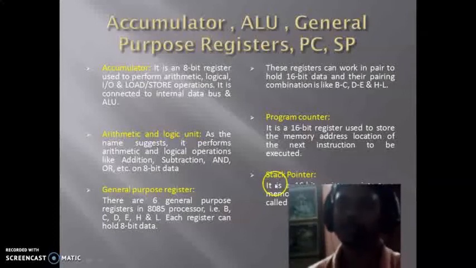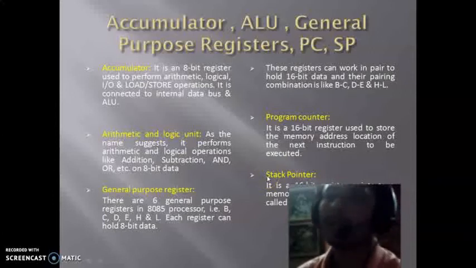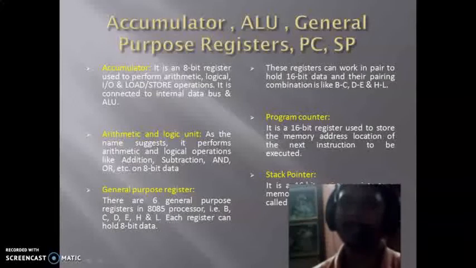So this is the stack pointer, a register where the address of the stack is stored, meaning this address points to a particular stack where we can store the data. So basically the stack pointer is a 16-bit register that will store the address of a particular stack where we can store the data.